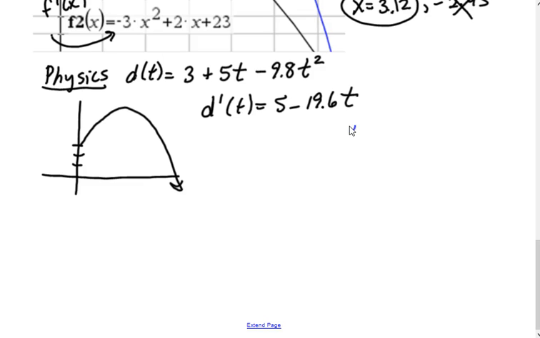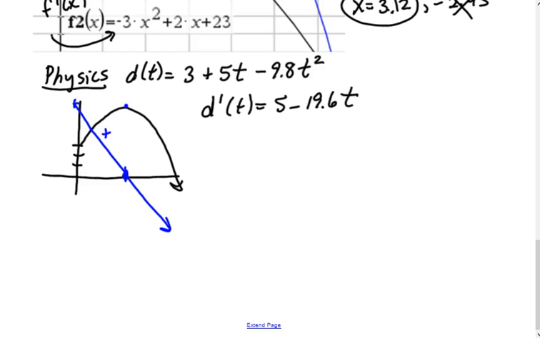So I have a line with negative slope going down like this. I happen to know that the line would go right through here at 0 because that's where the maximum value would be, so that's where the derivative function would be 0.